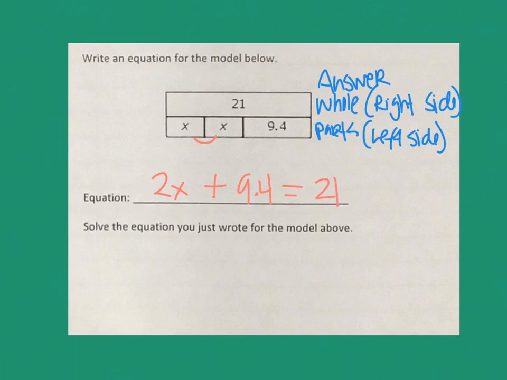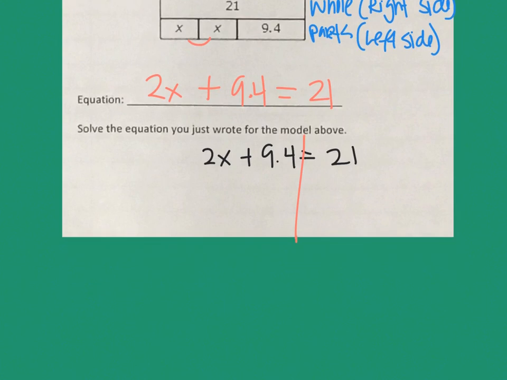So now it says solve the equation that you just wrote. Okay, so 2x plus 9.4 equals 21. First step, draw a line down to separate the 2 sides. And whatever I do to one side, I'm going to do to the other. So my first step is isolate this variable. I want to keep it over here.